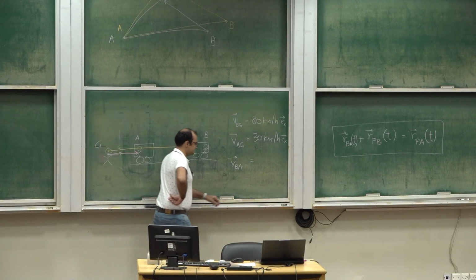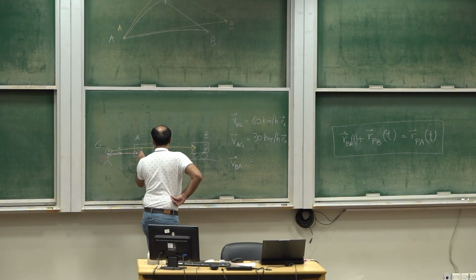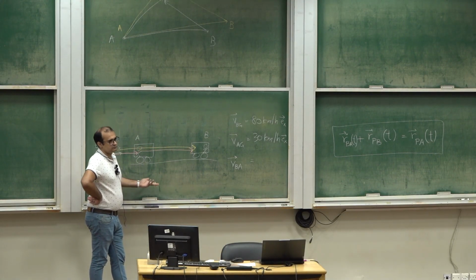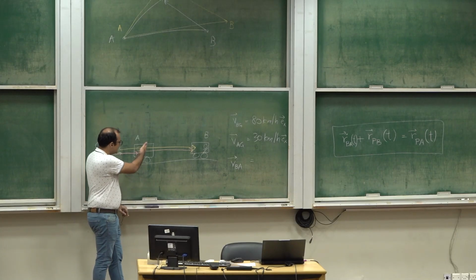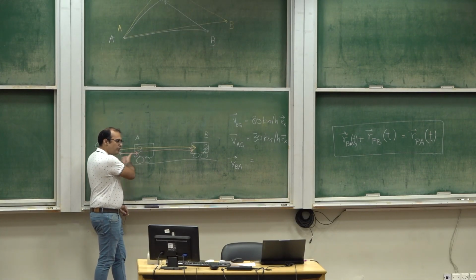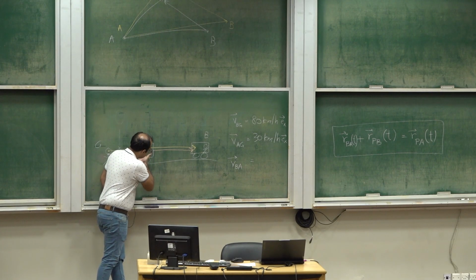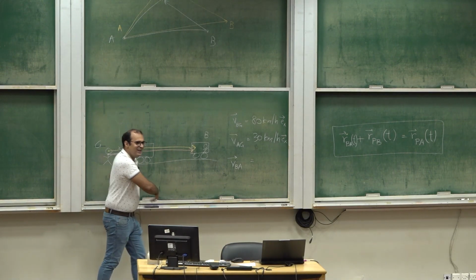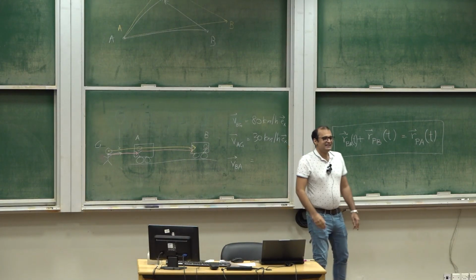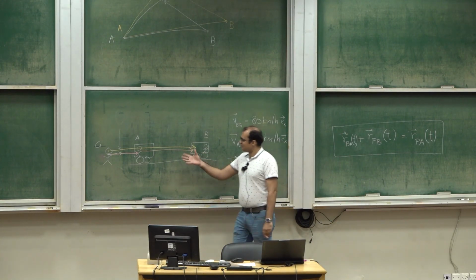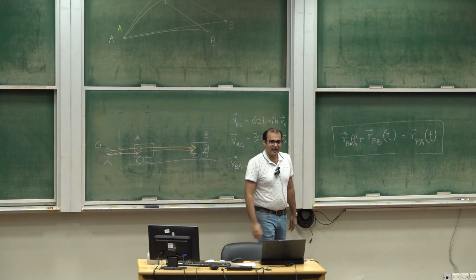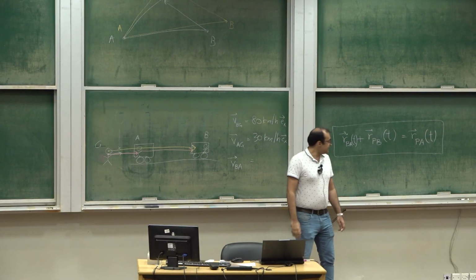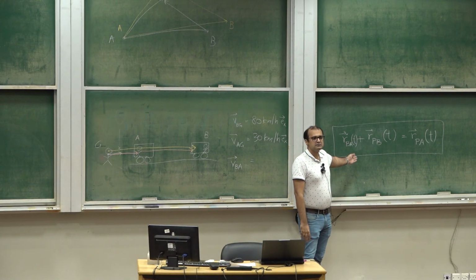And then there's a third arrow that comes in, which is the position vector of B as measured by A. So you very simply have that this yellow arrow equals the sum of this pink arrow and this pinkish-orangish arrow. So you have that these two arrows equal this yellow arrow, and that's exactly what you wrote down over here.